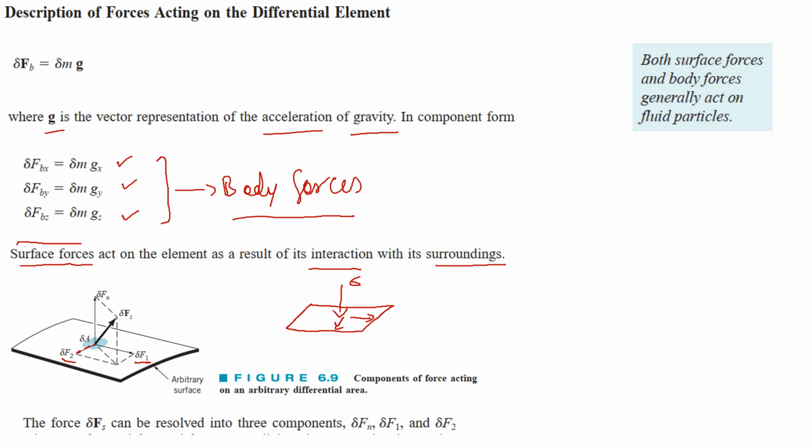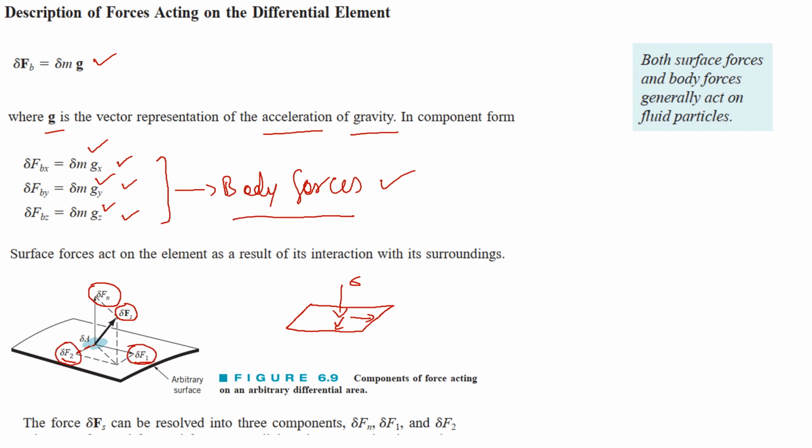As we saw, body forces can be represented as the weight of the fluid element, and that weight can be further classified as the weight along the x-axis, the y-axis and the z-axis. But when it comes to surface forces, which are due to the interaction of the fluid with its surroundings, the surface force can be resolved into a normal force, normal to the plane, and two forces that lie in the plane.